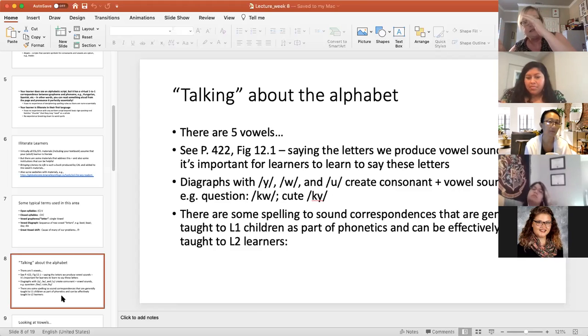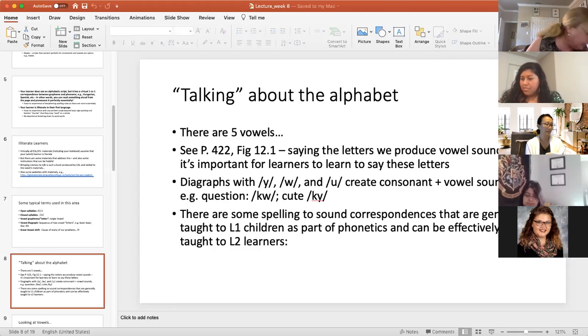There are 5 vowels, A, E, I, O, U, right? It's on page 422, right at the beginning of your chapter, past the description part, and you should be looking at figure 12.1.